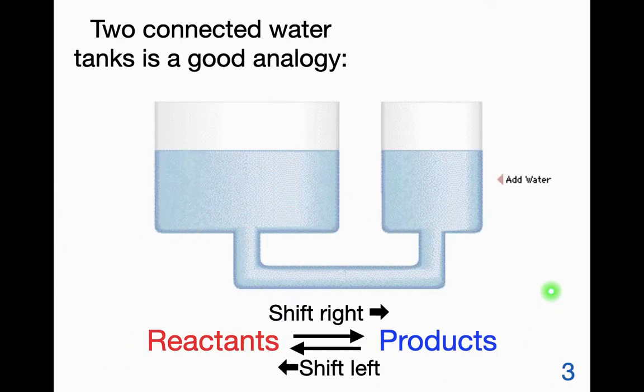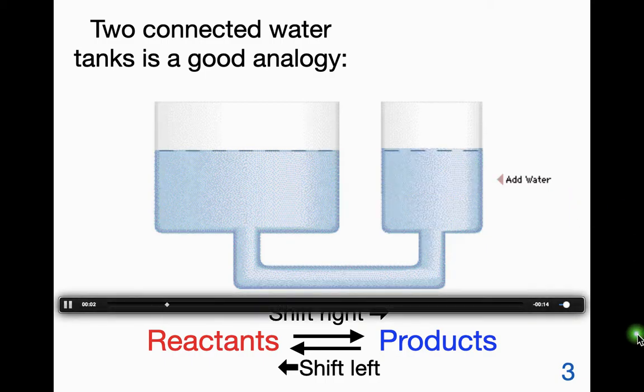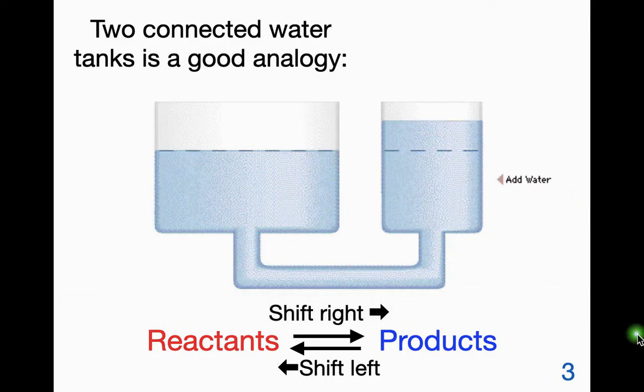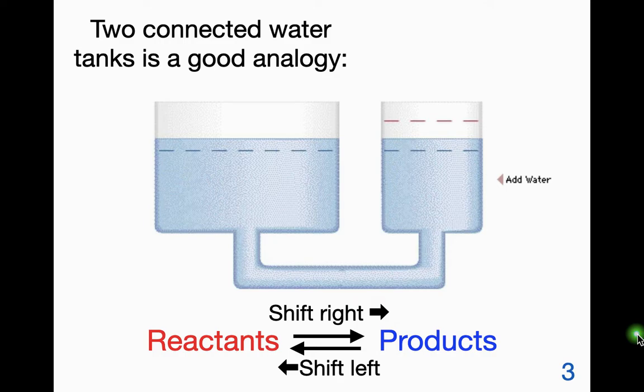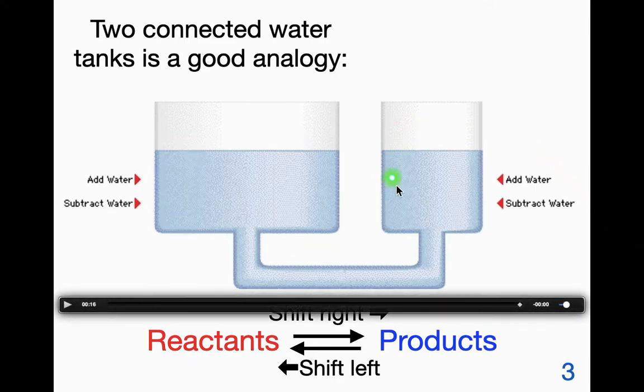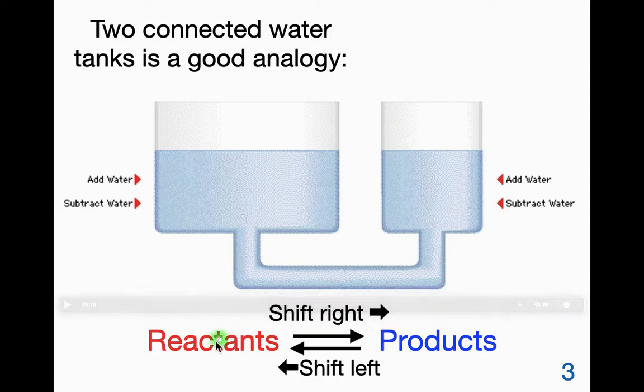Now let's try adding water on the right side. Adding water to the right tank causes the water of the left tank to rise as water moves from the right tank to the left. Equilibrium in the system shifts to the left, as it would if we added product to a reversible reaction. So if we add water to the right side, the water will move over to the left, just like if we added more products, we would end up making more reactants.